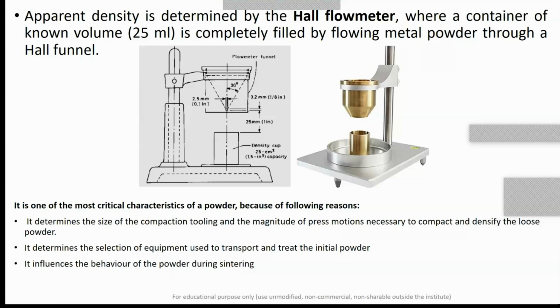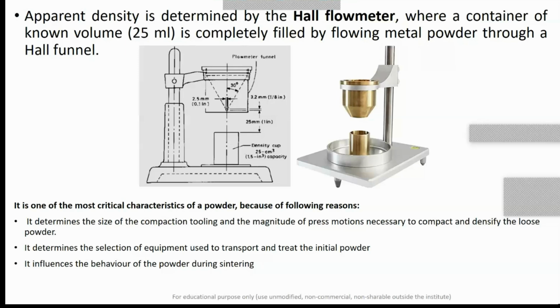You measure the weight of this cylinder before and after, and subtract it to get the weight of the powder you have selected. Then, with the volume, you can easily calculate the apparent density.